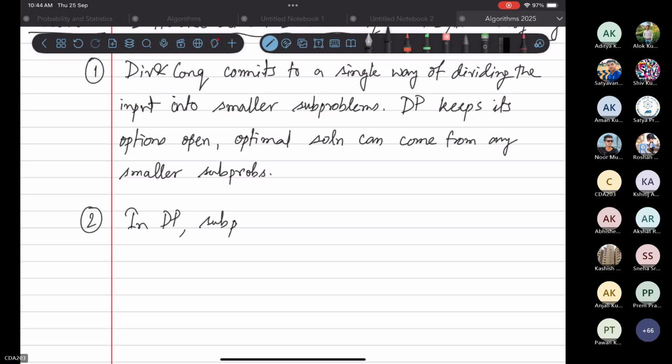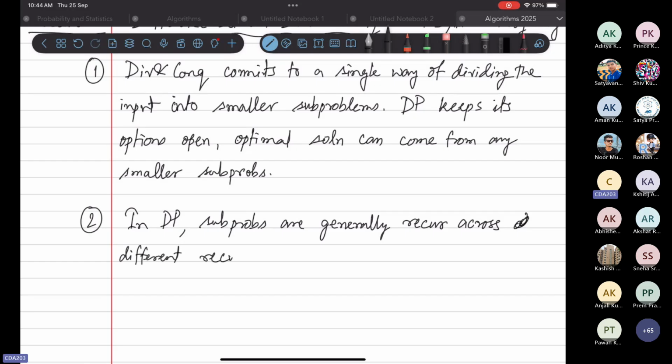So in dynamic programming, subproblems generally recur across different recursive points.